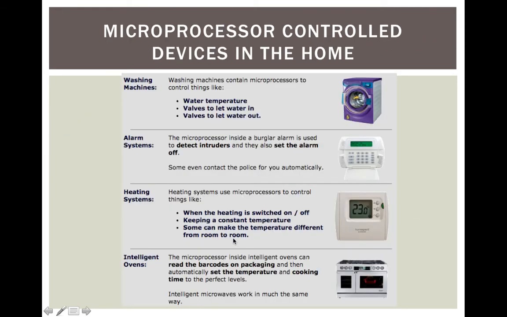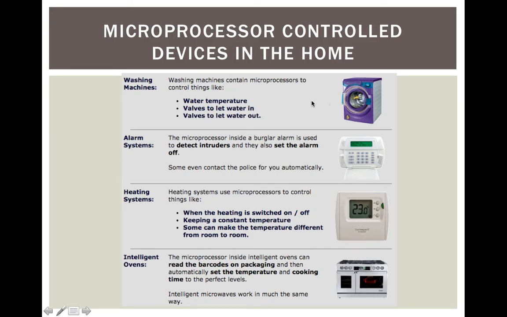Okay, so 5.3, microprocessor controlled devices in the home. We're talking about our smart homes and smart devices like washing machines, alarm systems, heating systems, and intelligent ovens. Any device that you can program to carry out a certain task, either on a timer or dependent upon temperatures or dependent upon the contents of the task.